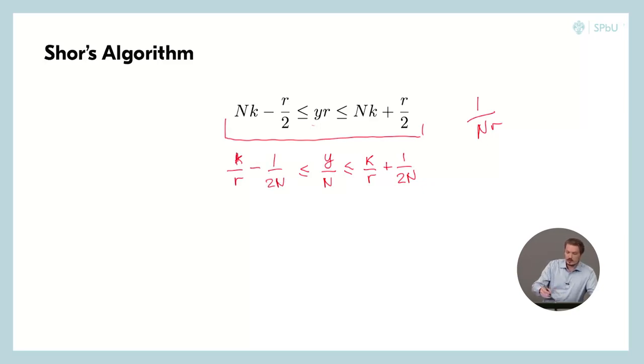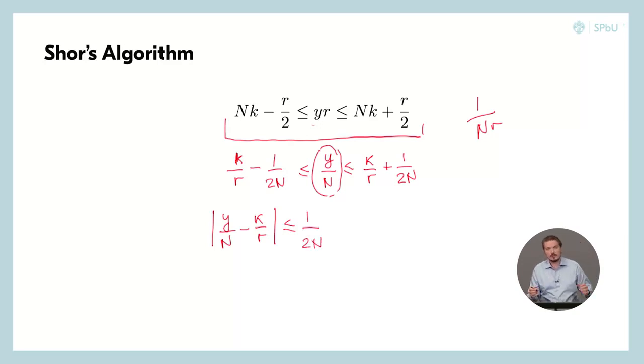And that means that very near this number, which we can compute because we have measured y and we have n, there is a number k divided by r, and the distance between them is less than this. So it's a very short distance.